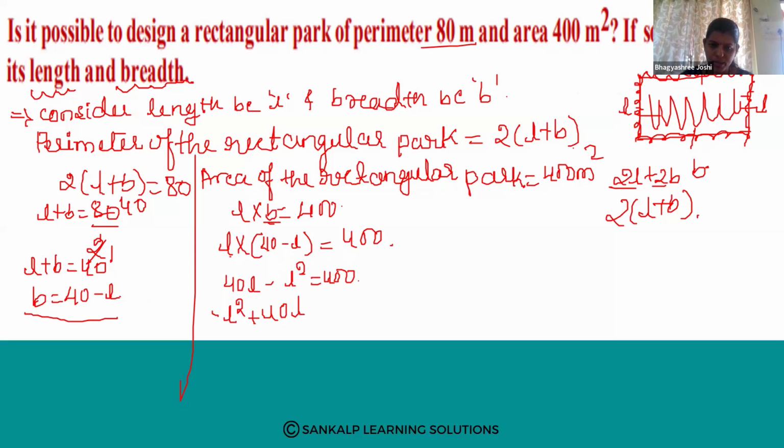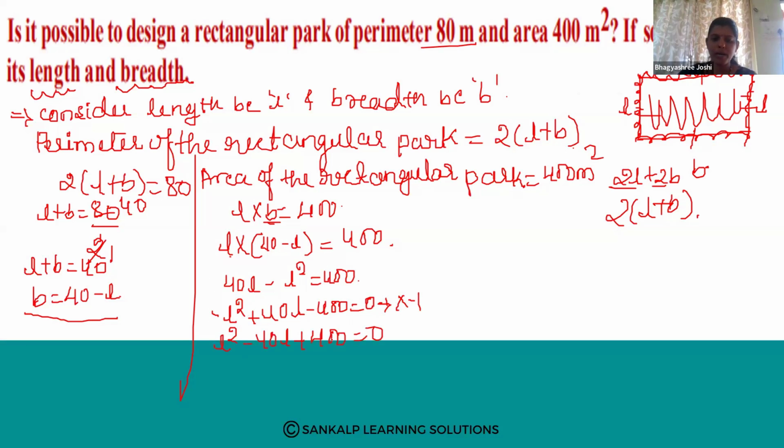If you transfer this 400 to this side, it will be minus 400 is equal to 0. Now, I don't want this minus sign. For that, I will multiply this by minus 1. Then what I will get? L square minus 40L, minus into minus is plus 400 is equal to 0.